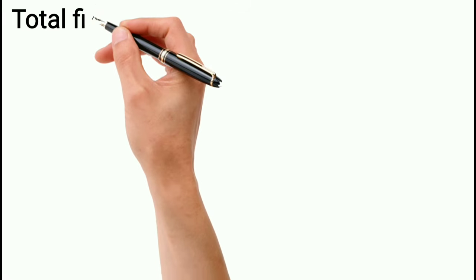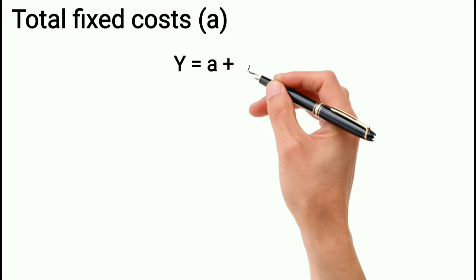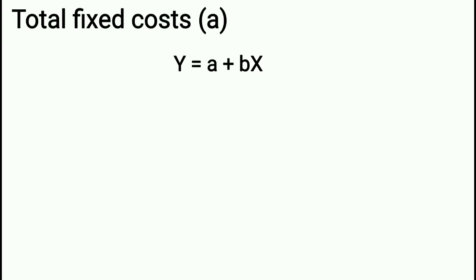Since na-compute na natin yung variable cost rate, pwede na rin nating makompute yung fixed cost or the total fixed cost. Use the cost formula, y is equal to a plus bx. Recall that a here is the total fixed cost. Take note, yung y na tinutukoy dito ay yung mean of y.